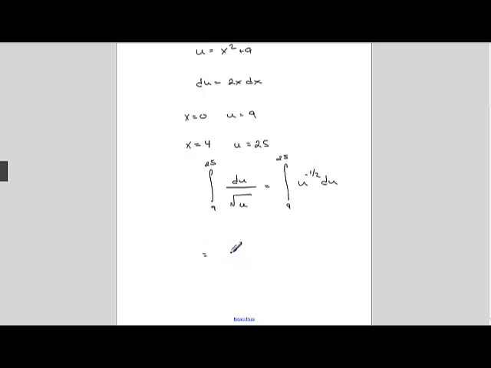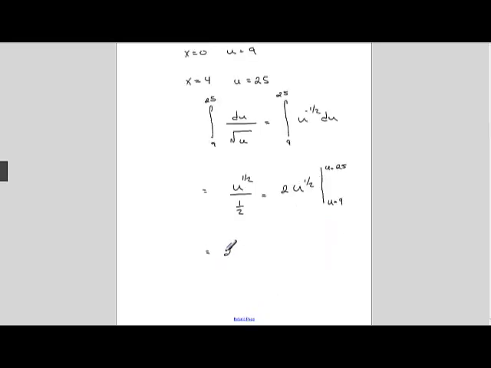And so when we integrate it, we get u to the 1/2 power divided by 1/2, which is the same as 2 times u to the 1/2 power. And we evaluate that between u equals 9 and u equals 25.